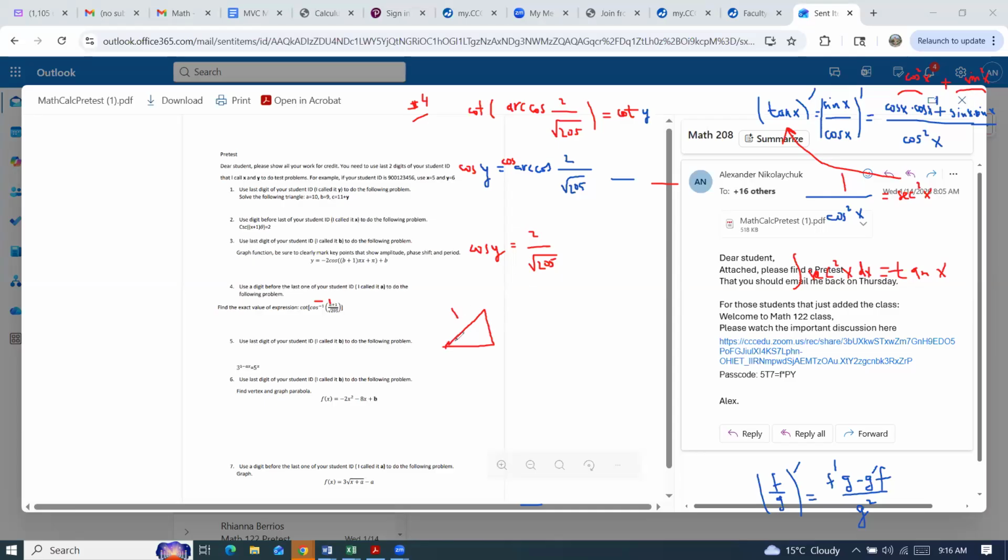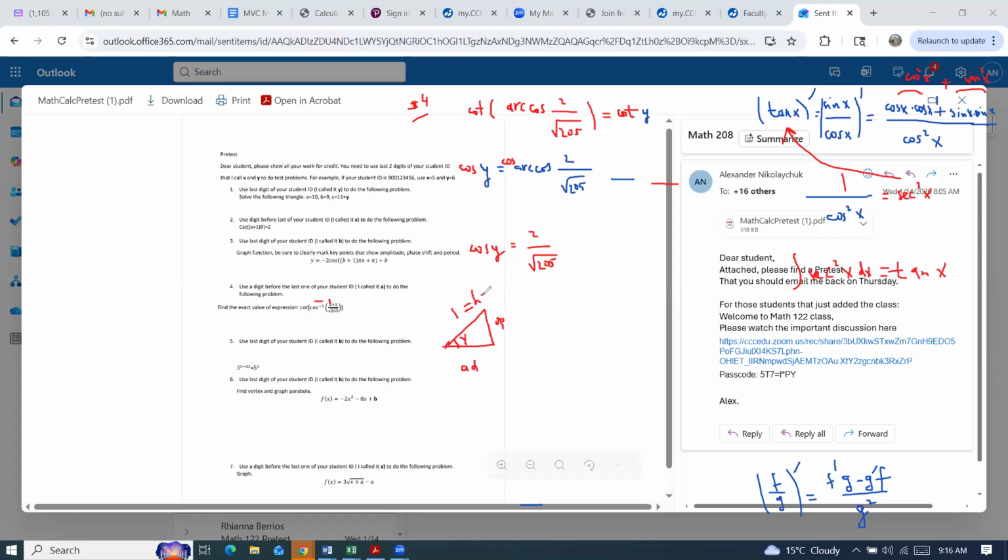It'd be similar because the angle here is y, and its opposite side and the adjacent side. You ever see that before? Adjacent, and that will be the hypotenuse.